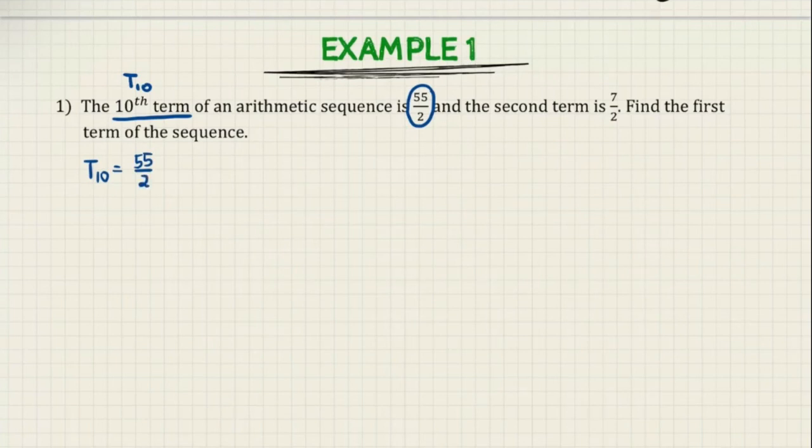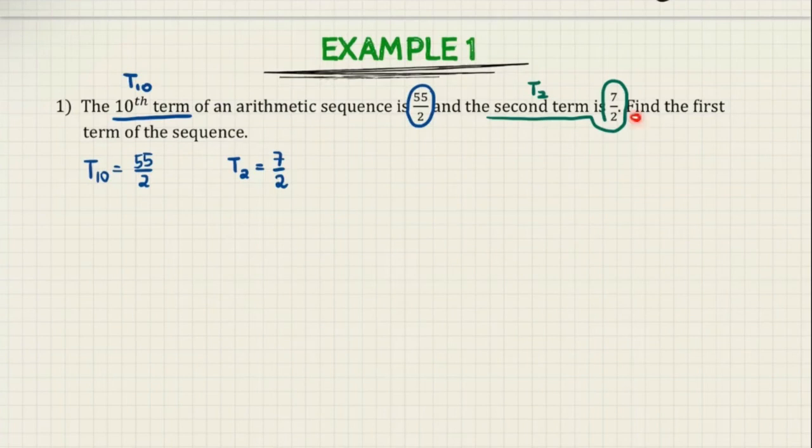Okay, next. Second term is 7 over 2. Second term merujuk kepada apa? T2. Okay, so our second information datangnya daripada T2. So saya tulis kat sini pula. T2 is equals to 7 over 2.